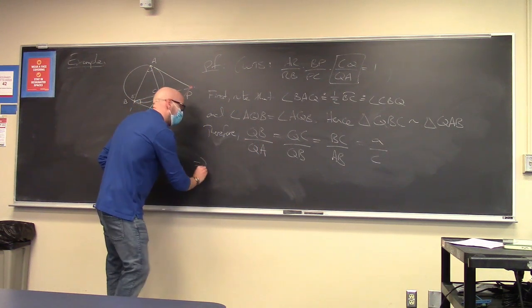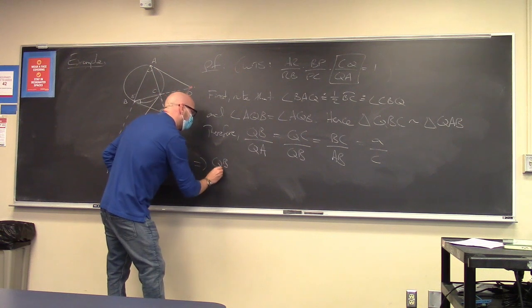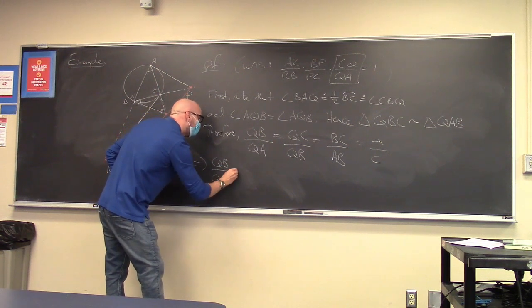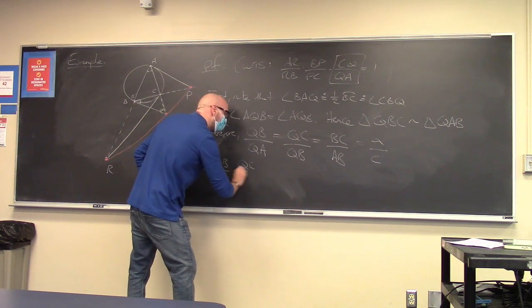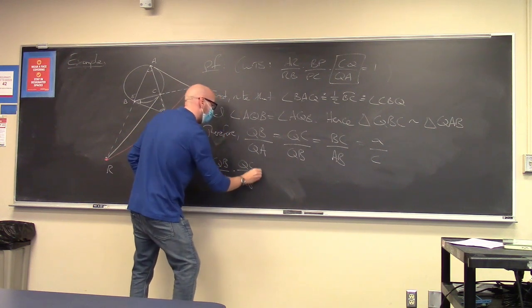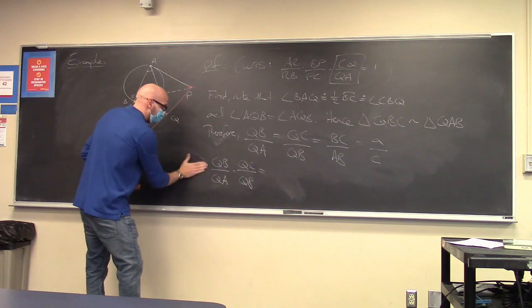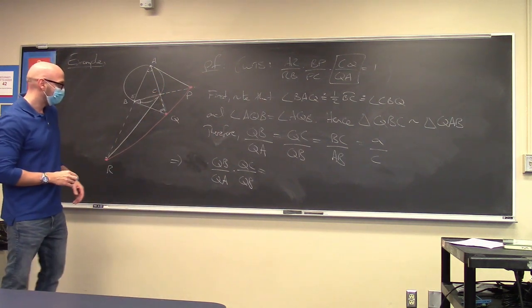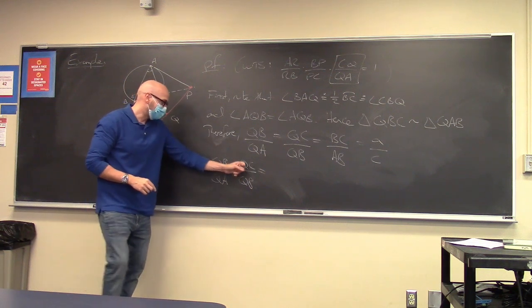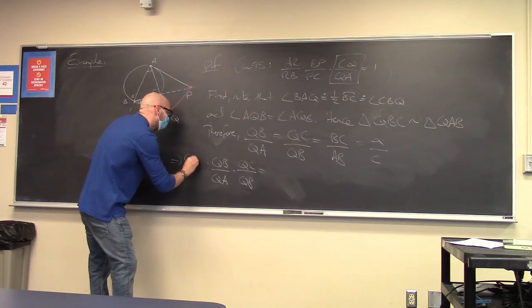So therefore, QB over QA times, I'll keep calling it QC, QC over QB, sorry if you didn't leave space, like I didn't either. What is that? That's CQ over QA. That's exactly what we wanted, CQ over QA.